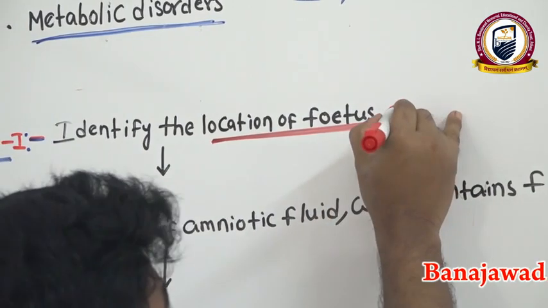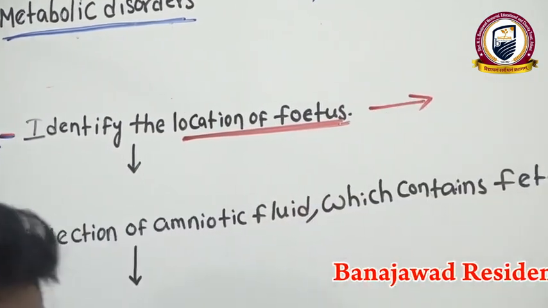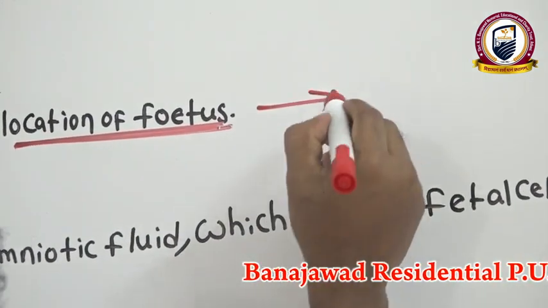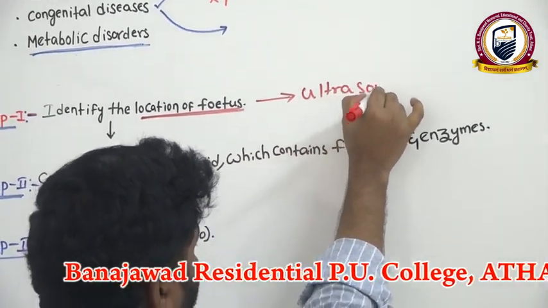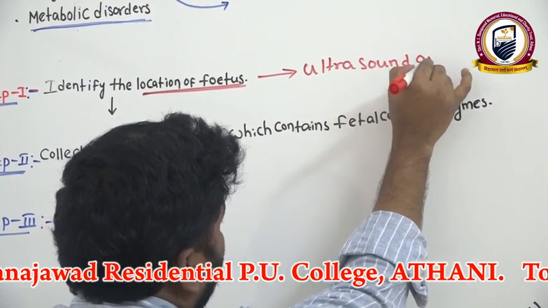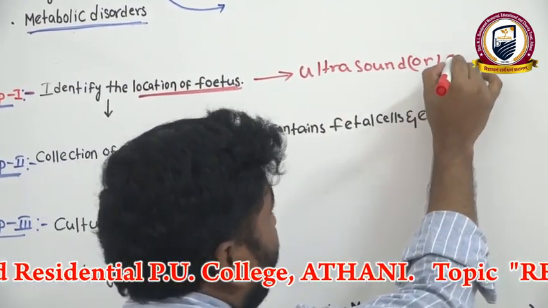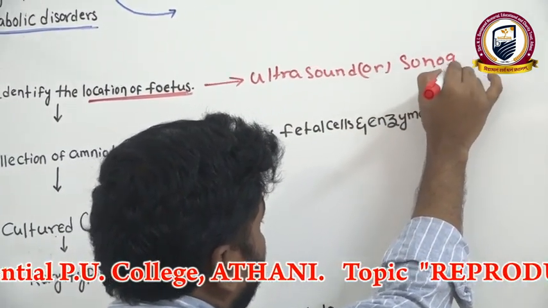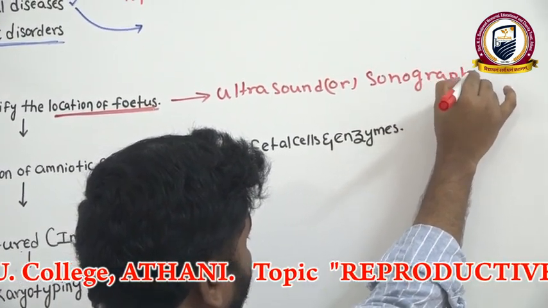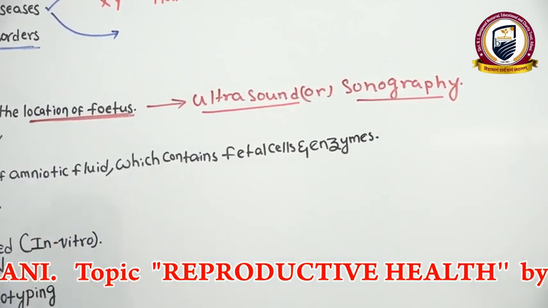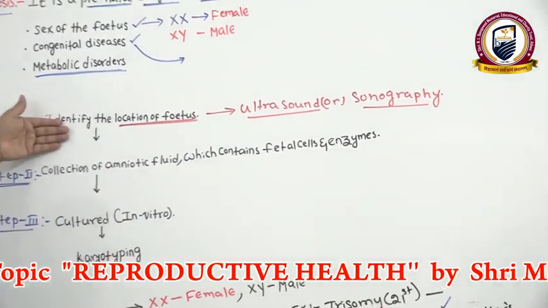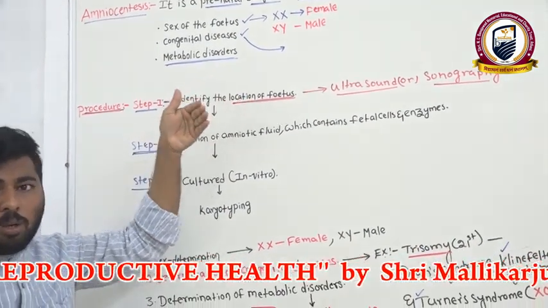How do we identify the location of the fetus? By using ultrasound or sonography. By using sonography or ultrasound waves, we can identify where the fetus is exactly located.